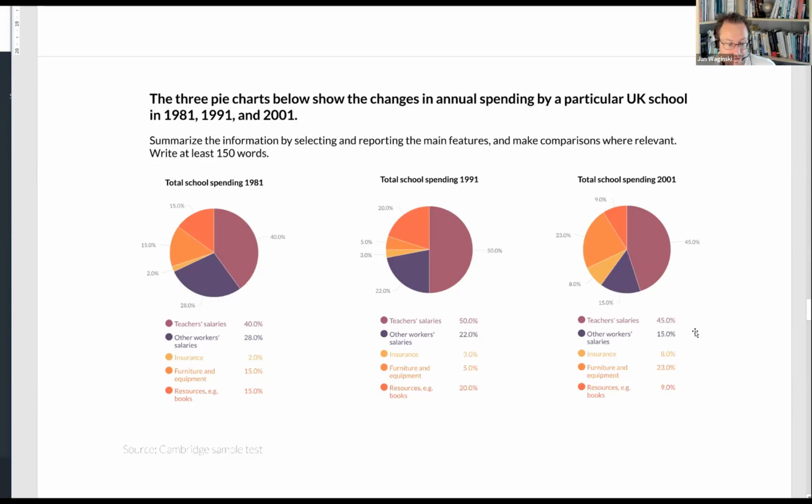What about furniture and equipment? Is there a pattern there? Expenditure in 2001 compared to 1981. Yeah, it's all over the place, right? 15, 5, 23. It's not really a pattern. What about resources like books?